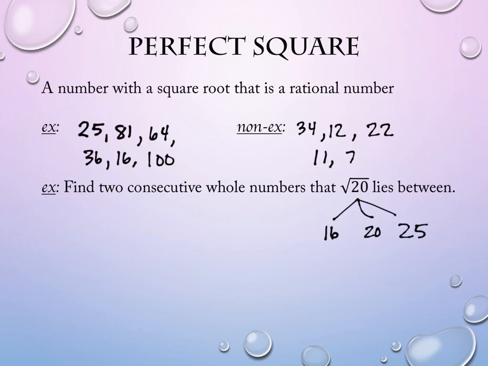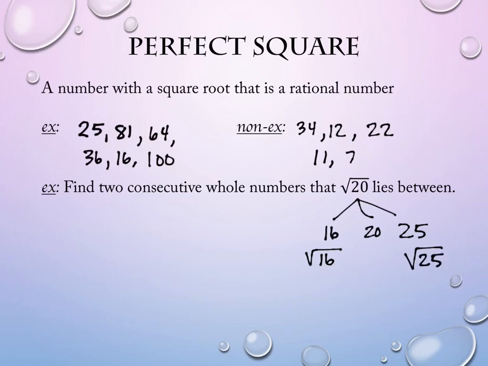Okay, so 20 is sandwiched in between these two perfect squares, right? It is. So when you are doing this problem, I expect 16 and 25 to show up somewhere in the work. Your point is to try to figure out what are the nearest perfect squares to this value. Why? Well, because then you can actually take the square root of them.